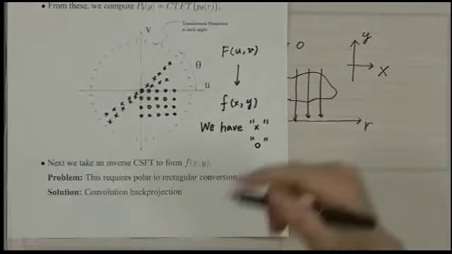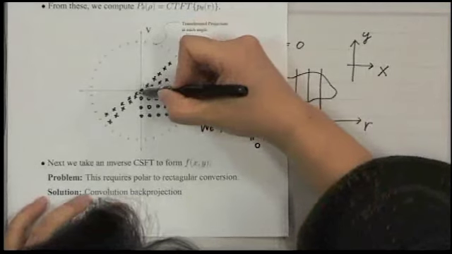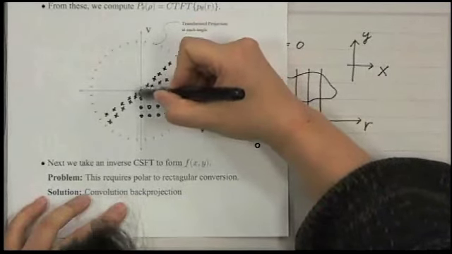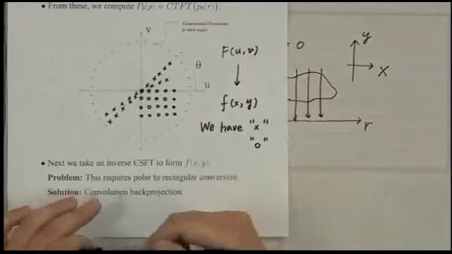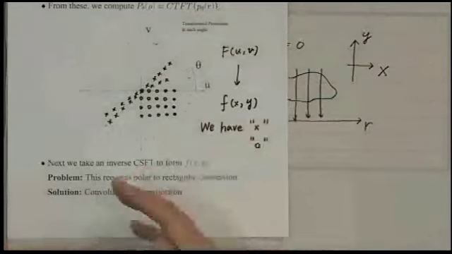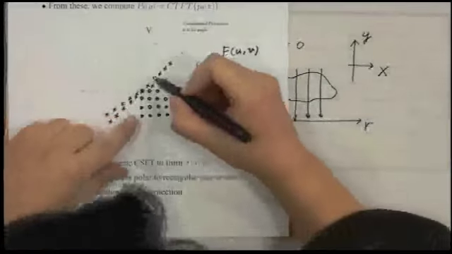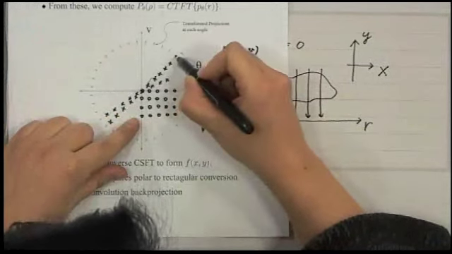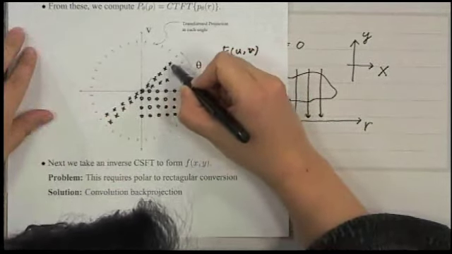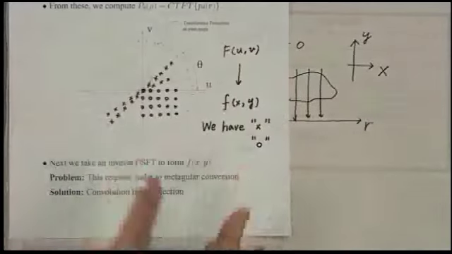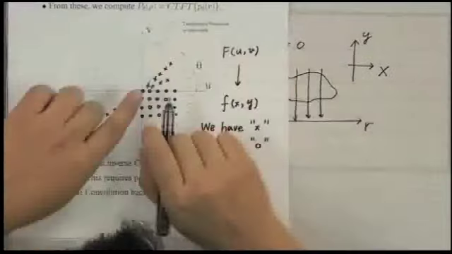And plus, look at this. Around the origin, the data is very dense. So even if we do interpolation, probably we don't have a problem. But if we look at these two lines, if r is getting larger, these two lines get farther away, right?